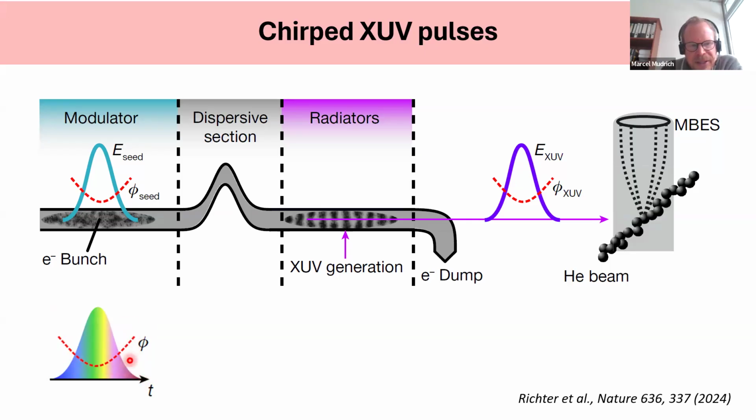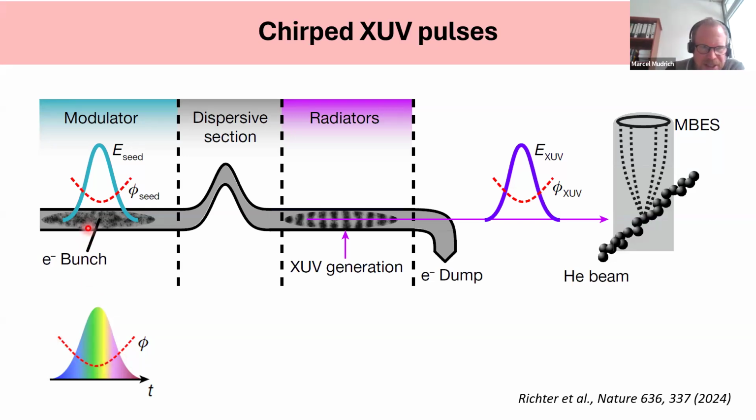In this case, this is an up-chirped pulse, meaning that it starts with red components, so a longer wavelength, and then going across the pulse, the wavelength gets shorter and shorter, and in the falling edge, we have the blue components, so the higher frequency components. So this is an up-chirped pulse, it would be called, but you can, of course, in principle, produce any type of chirp if you have the proper pulse shaper for that.